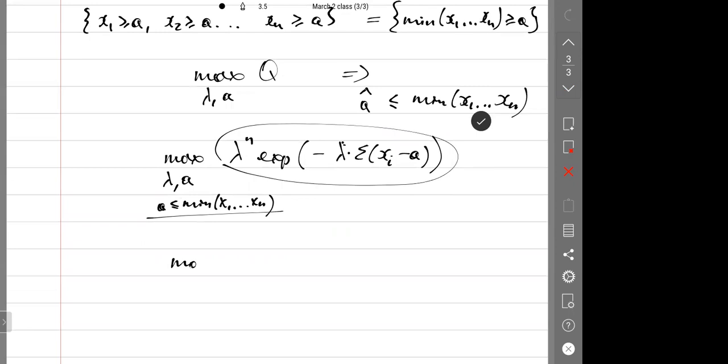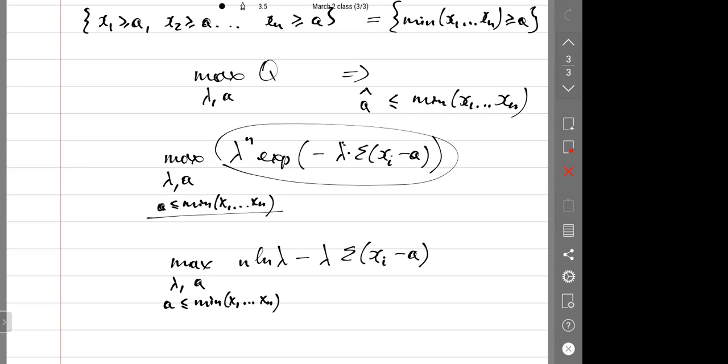So our goal is to maximize n logarithm lambda minus lambda sum of x_i minus a, with respect to lambda and a, and the hidden but now visible inequality that a is less than the minimum of x1, ..., xn. So that's a correct statement of our problem. Any questions?